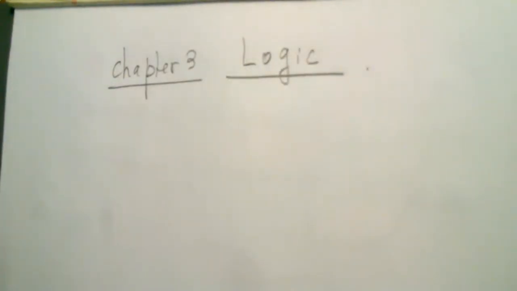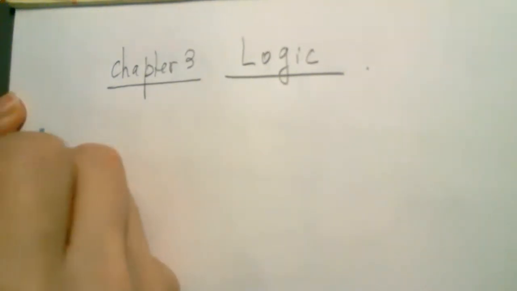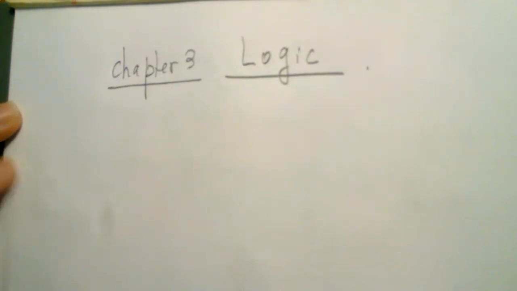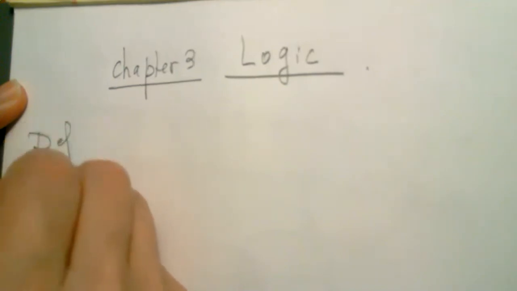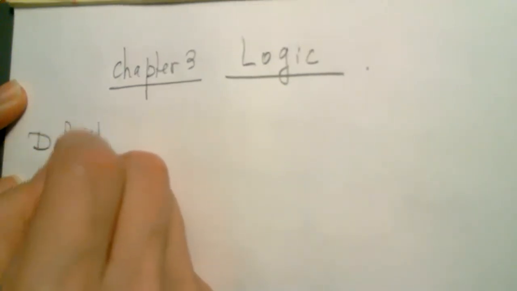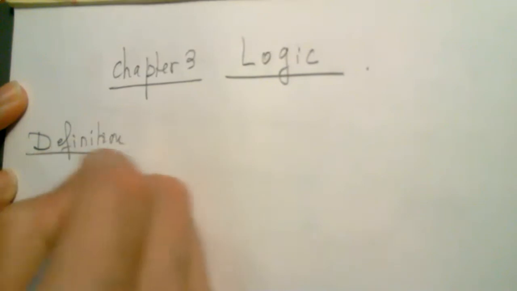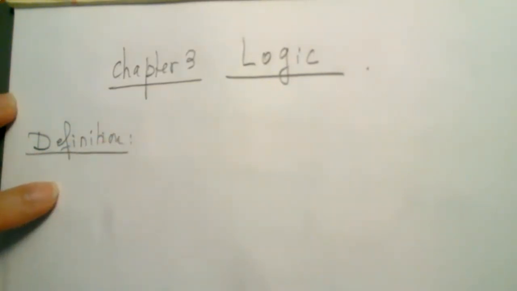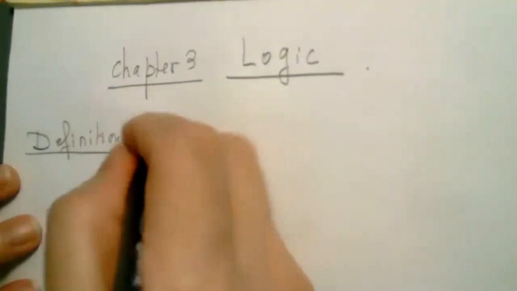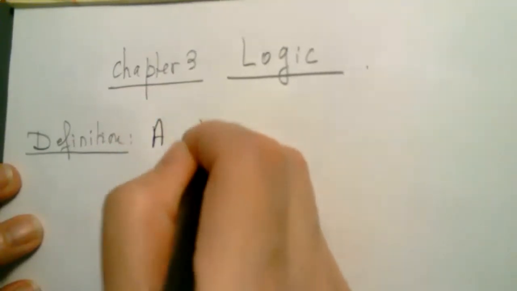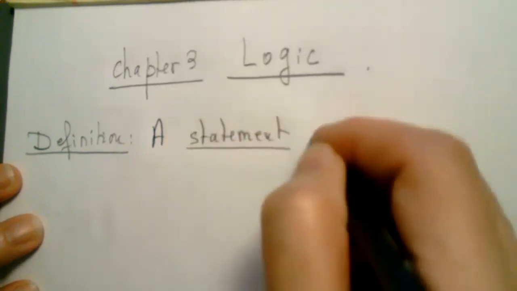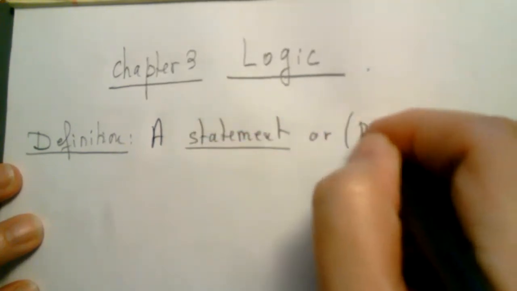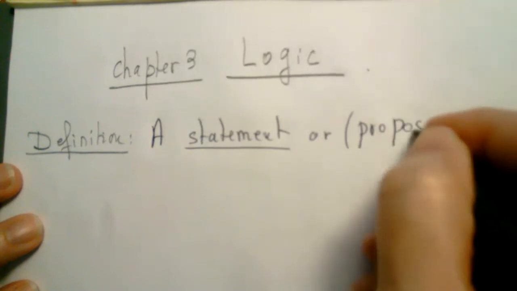I'm going to start with a definition. So what is a statement in math? So when I say a statement in math, what do we need? So definition. Okay. What's a statement? A statement, or sometimes a lot of other books use the word proposition.